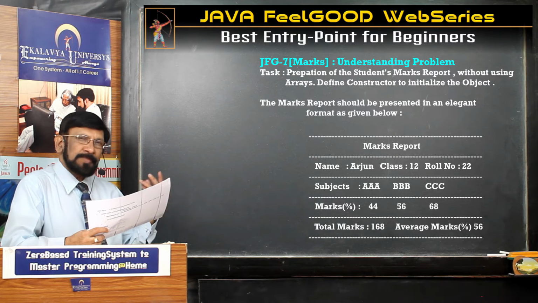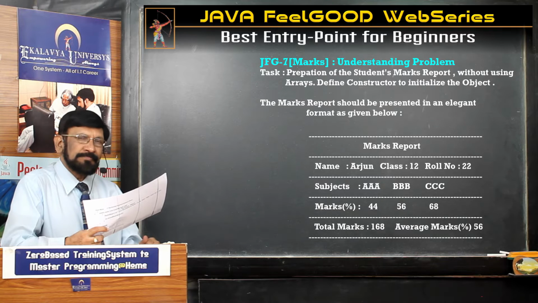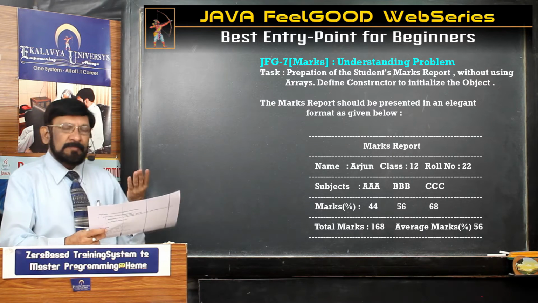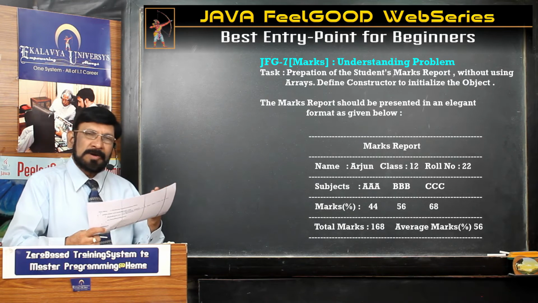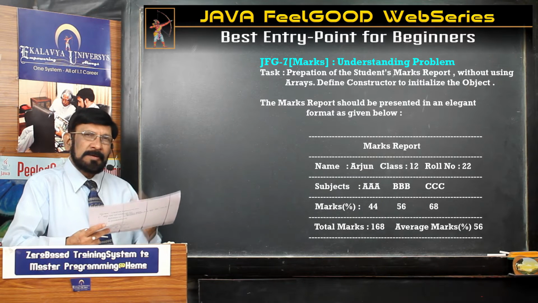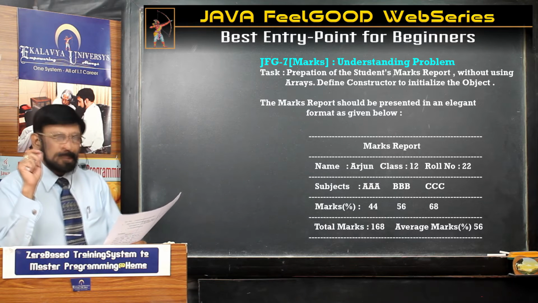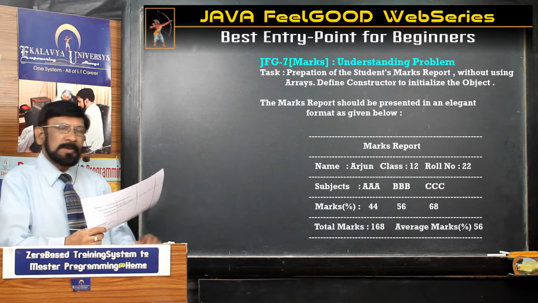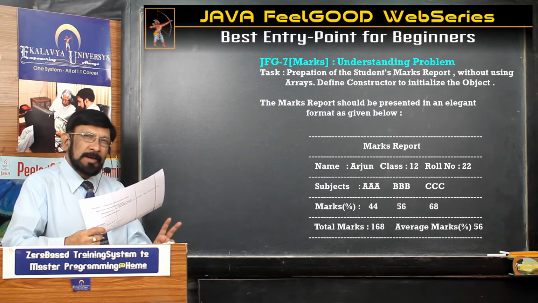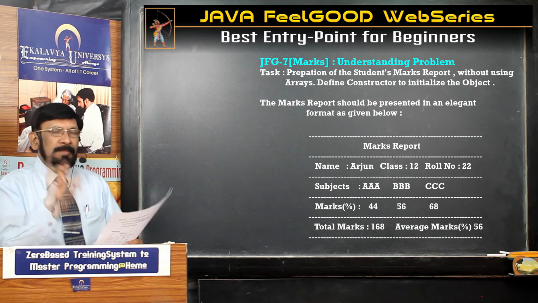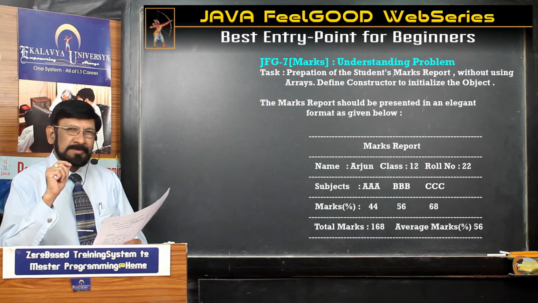We define 9 instance variables with their types, 1 constructor and 3 instance methods: 1 method for calculating total mark, 1 method for calculating average mark, 1 method for demoing the report, displaying the report. Totally 9 plus 4, 13 elements will be there in the blueprint class. That point you have to understand.